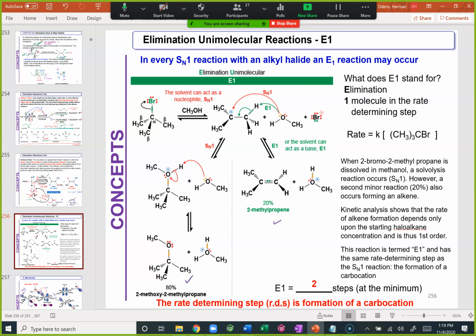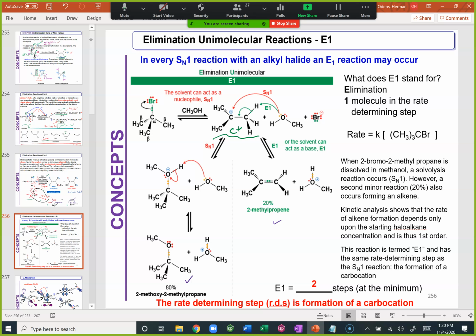In the E1, the rate of the reaction is equal to the rate constant times the concentration of the electrophile, because in the E1, you are depending upon the formation of the carbocation.